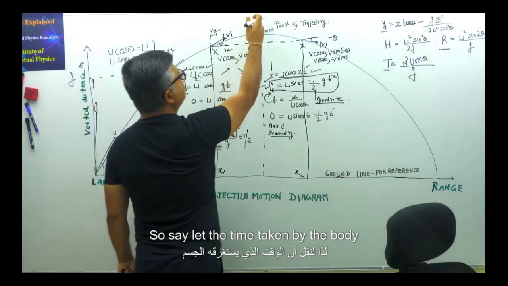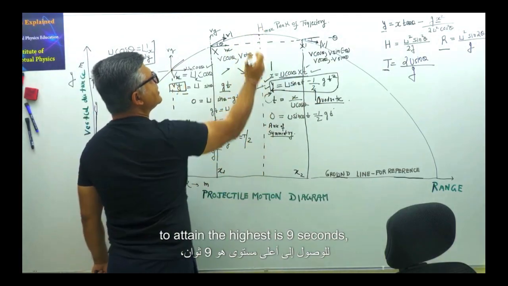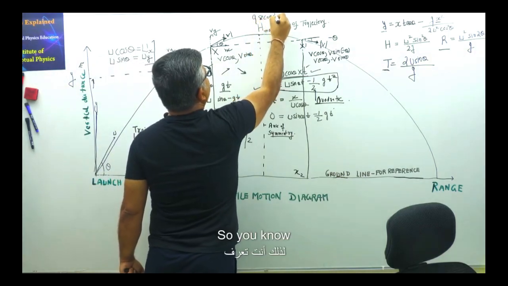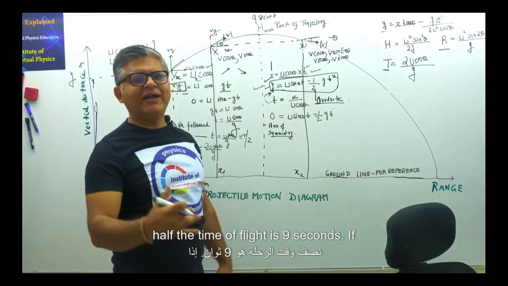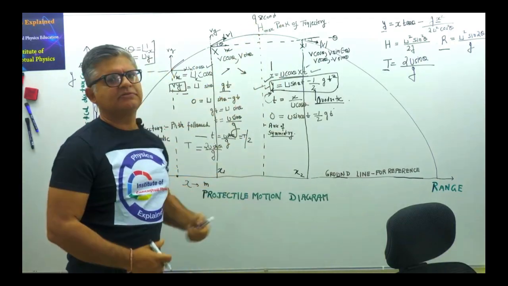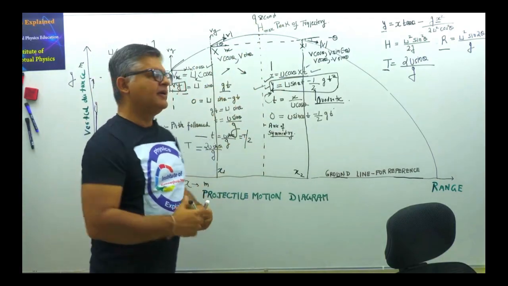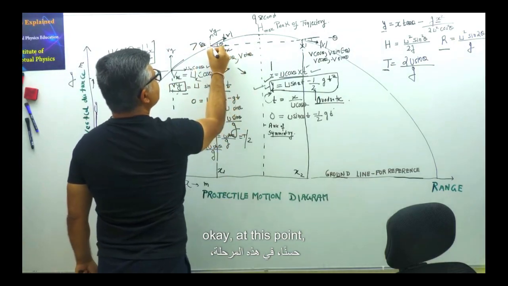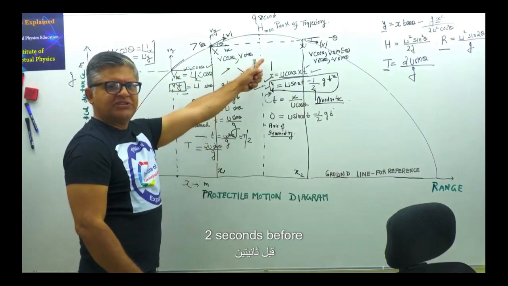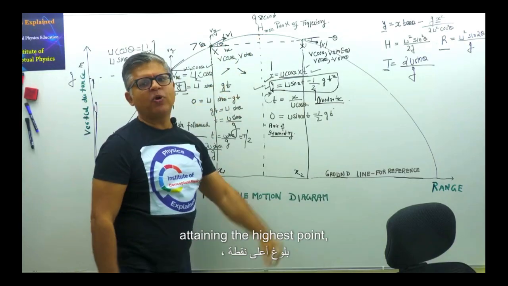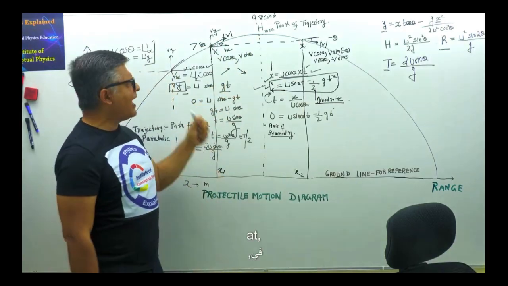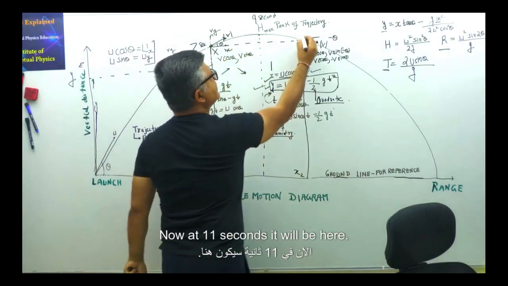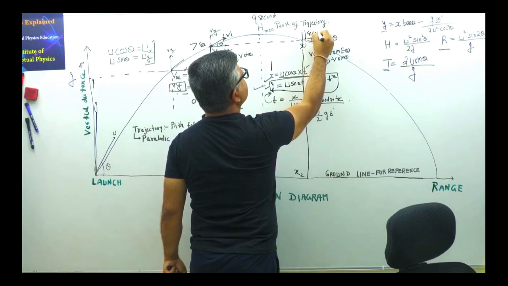Say the time taken by the body to attain the highest point is 9 seconds. So you know half the time of flight is 9 seconds. If the body is at this height at 7 seconds, which is 2 seconds before attaining the highest point, then there is a 2 seconds gap. Now at 11 seconds, it will be here. You don't need to calculate it.